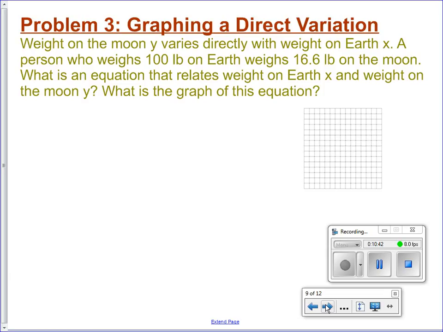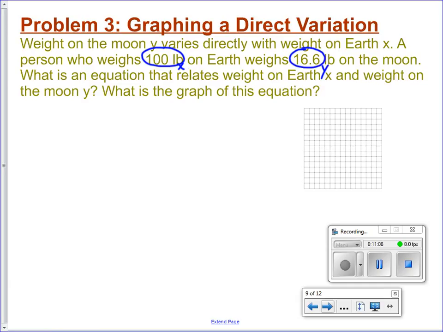What is the graph of this equation? All right, weight on Earth is x. So let's just label 100 pounds on Earth is our x. 16 and 6/10 pounds on the moon is our y, since moon is represented by the variable y.